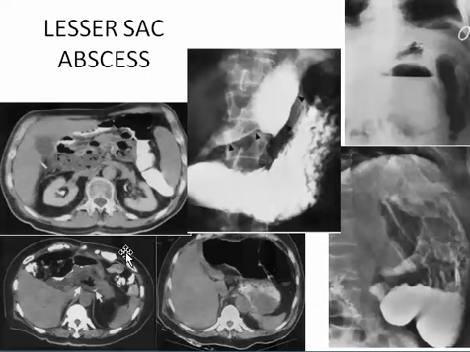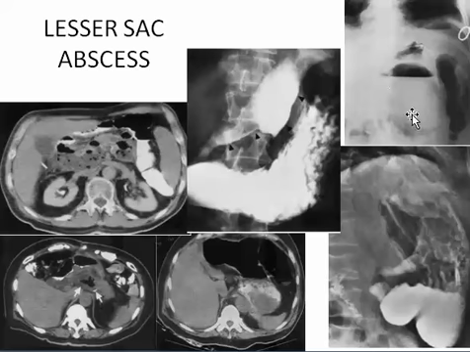A lesser sac abscess can show as a big retrogastric collection with air and fluid, and if you give contrast, the contrast is seen in the collection.